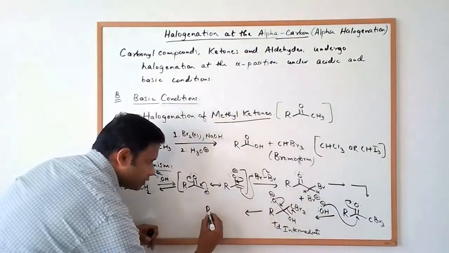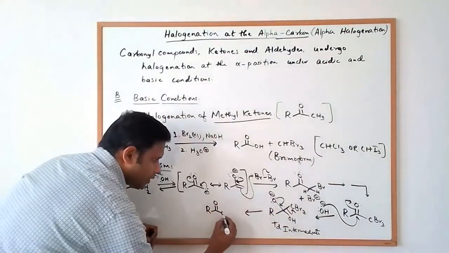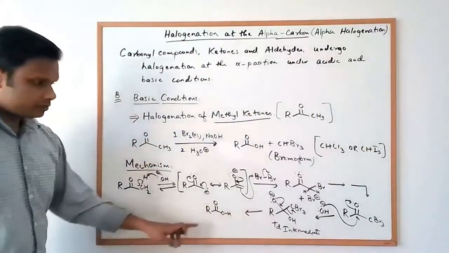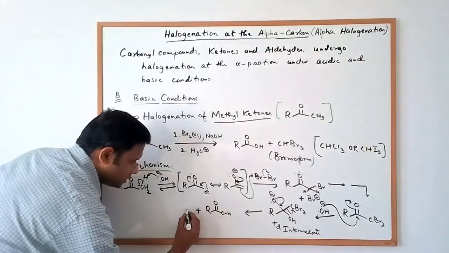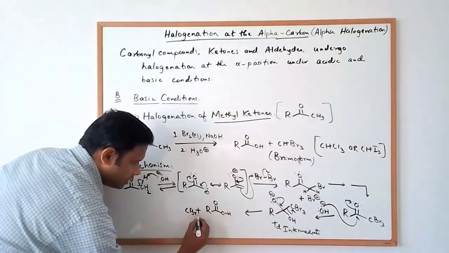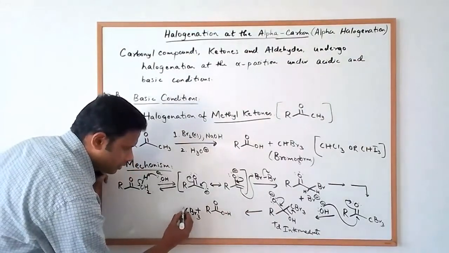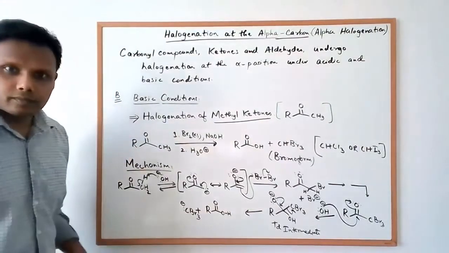And that would bring us to a carboxylic acid. Here we get the carboxylic acid, plus you're going to get CBr3 minus.